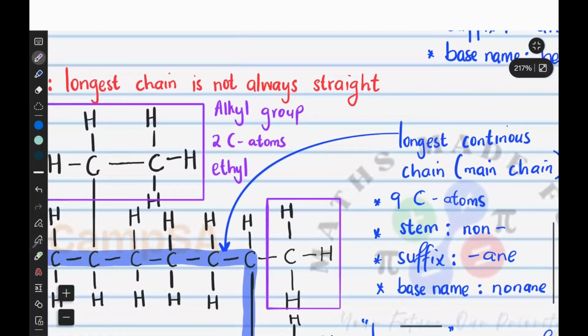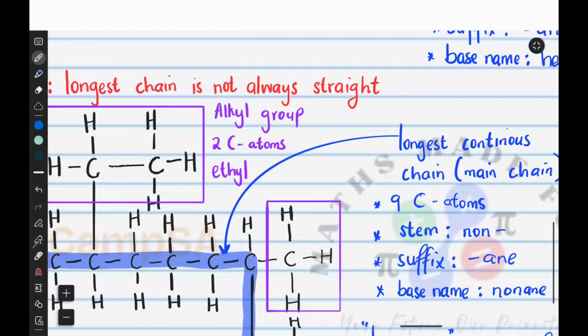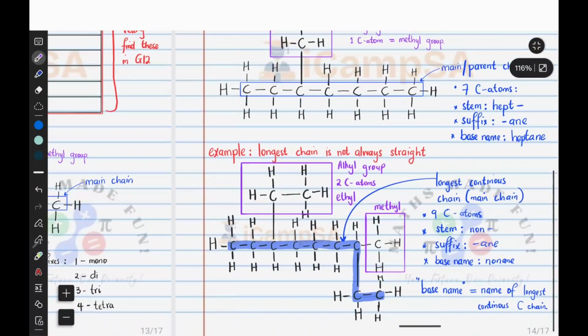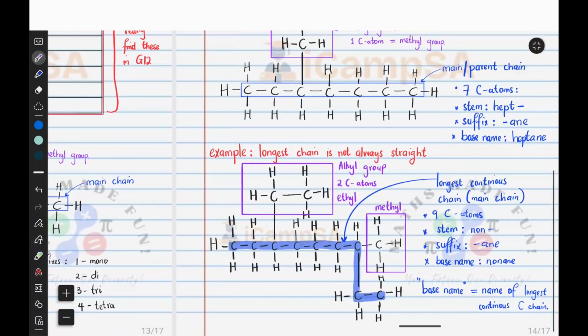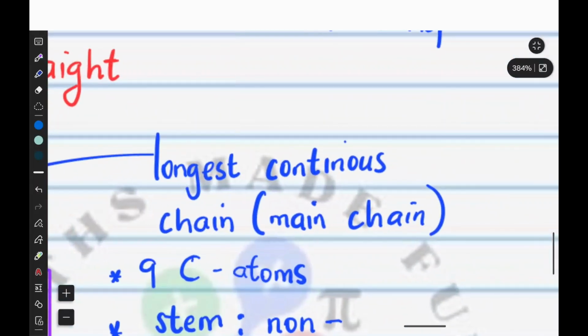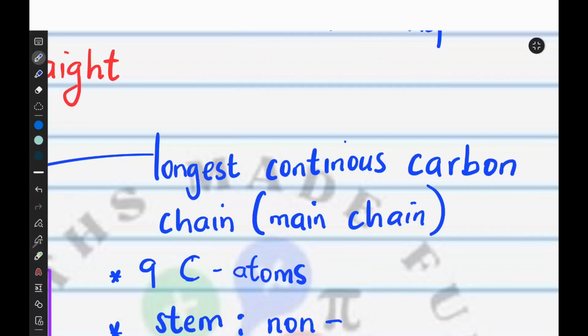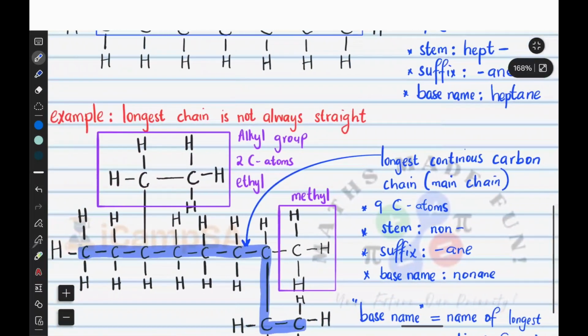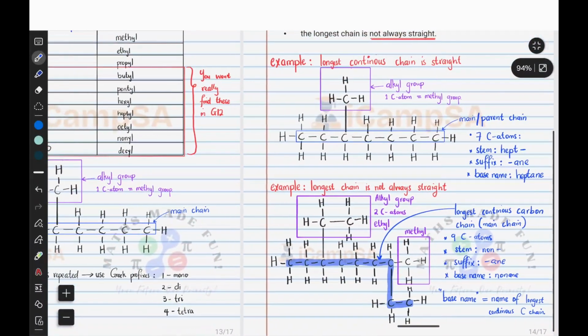This one would be what we call methyl. That's how you would identify the alkyl groups, which are the branches, and also the longest continuous carbon chain. It's the main chain or the parent chain, depending on which one you prefer.